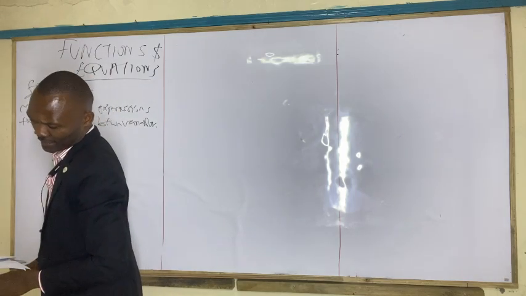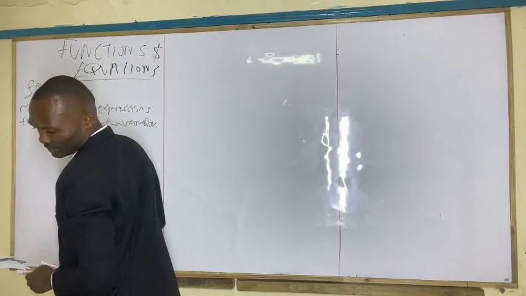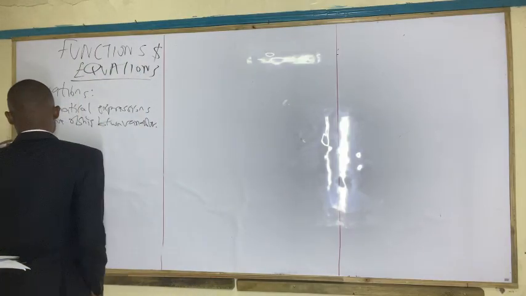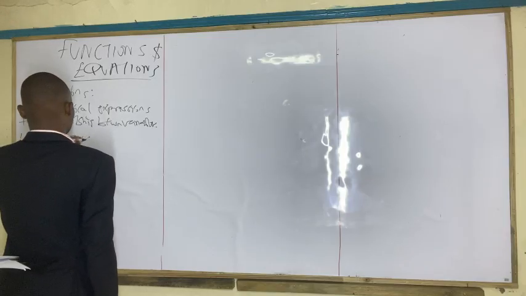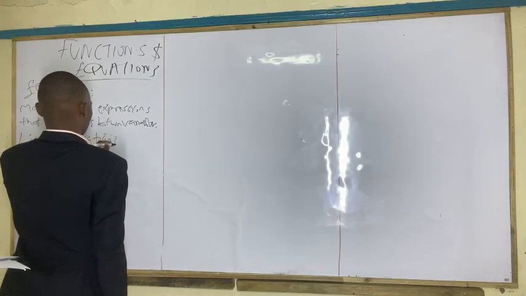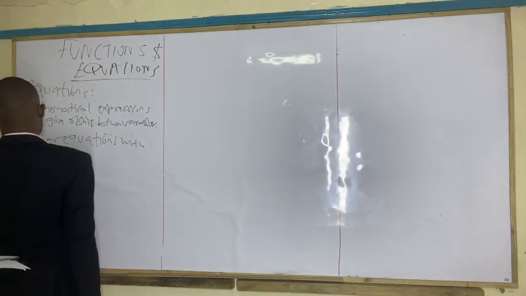They are written using symbols and constants. Fine. So let's look at some of the examples. These are linear equations with one unknown.